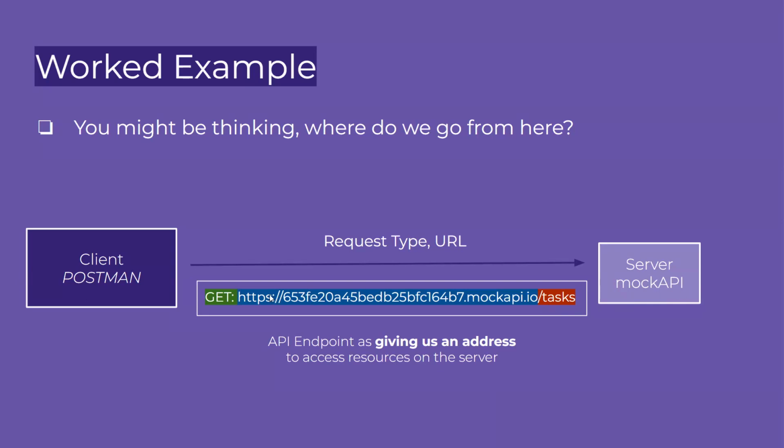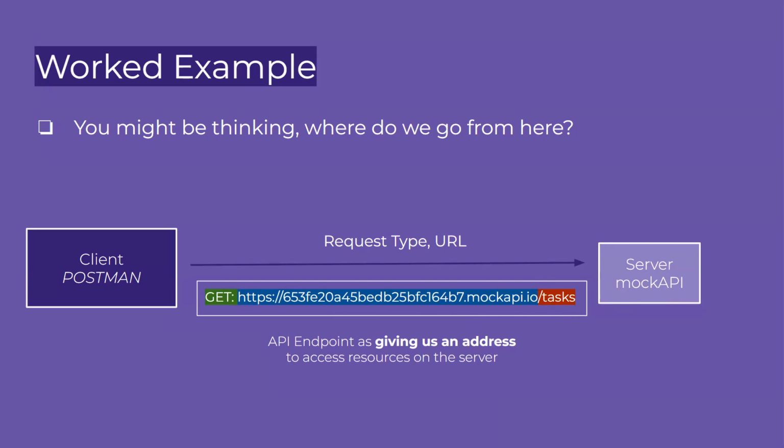Just because I'm using a mock API to make it, that's just what the mock API server address looks like. And then when I add to that this /tasks, that specifies that it's an endpoint. So we want a specific method done.